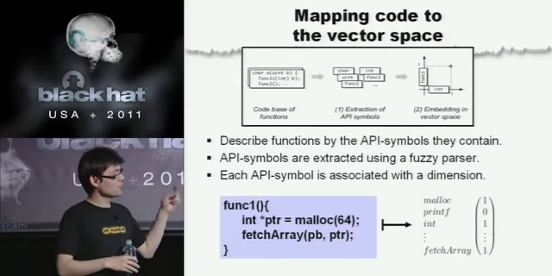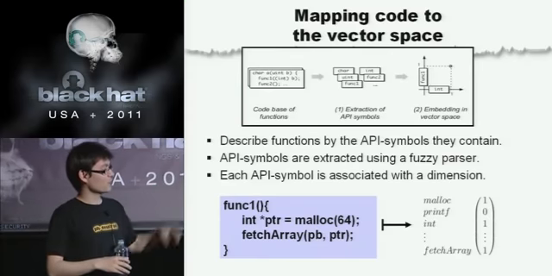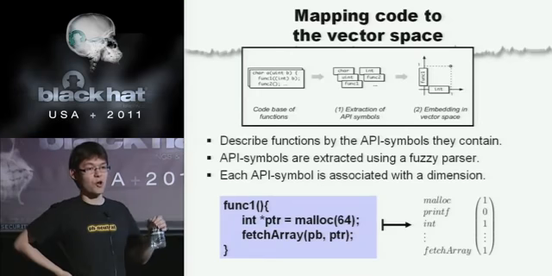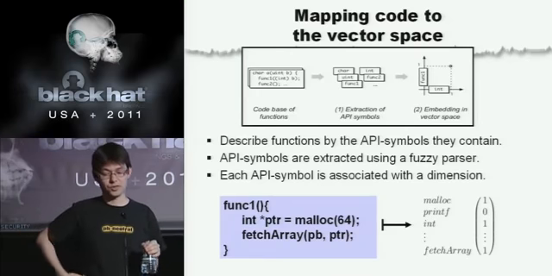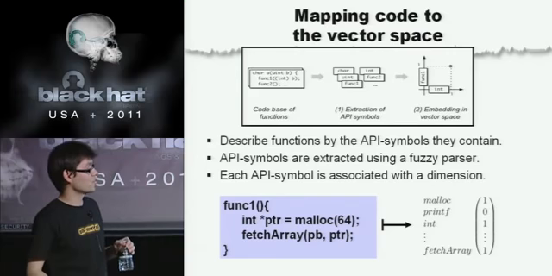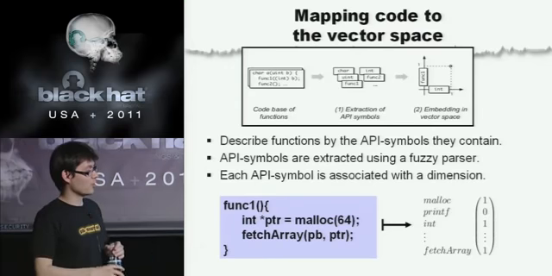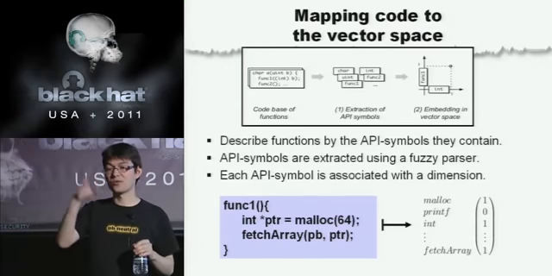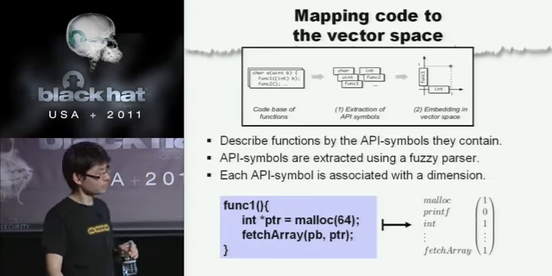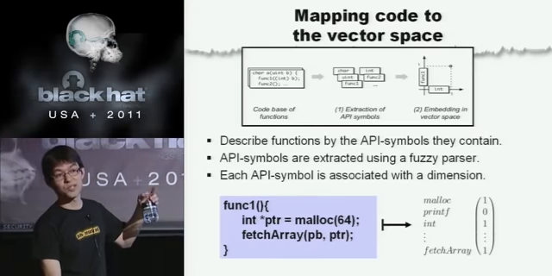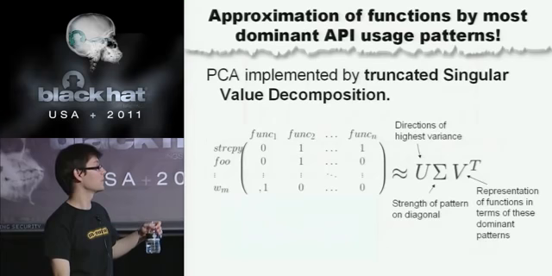And then I represented each function by a vector where I'd note down whether the symbol was being used or not. It's that simple. Then you have a very high-dimensional space, but you see that it's sparse. Only a few entries will be 1, and all the others will be 0. Okay, so now we're in the vector space, and now we can use principal component analysis.